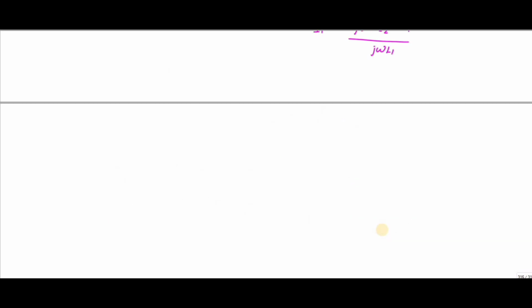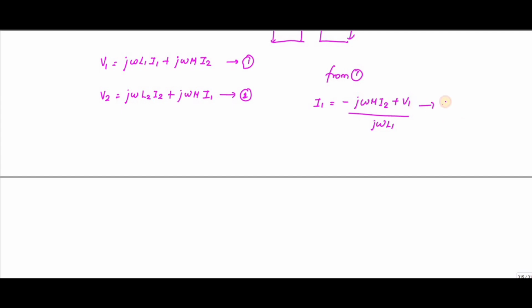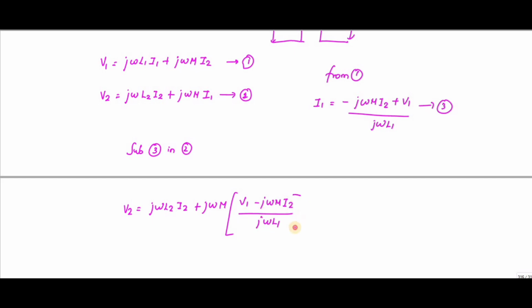So you substitute this third equation in the second equation. V2 is equal to j omega L2 I2 plus j omega M, and instead of I1 you substitute V1 minus j omega M I2 divided by j omega L1.